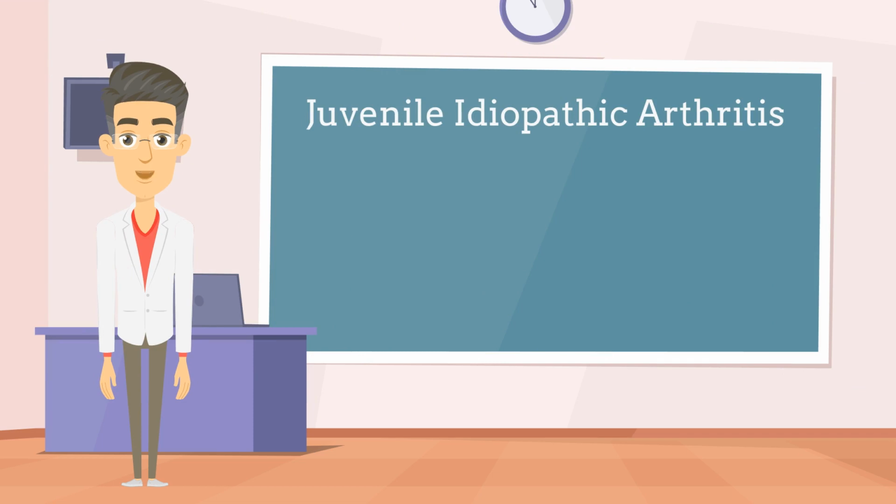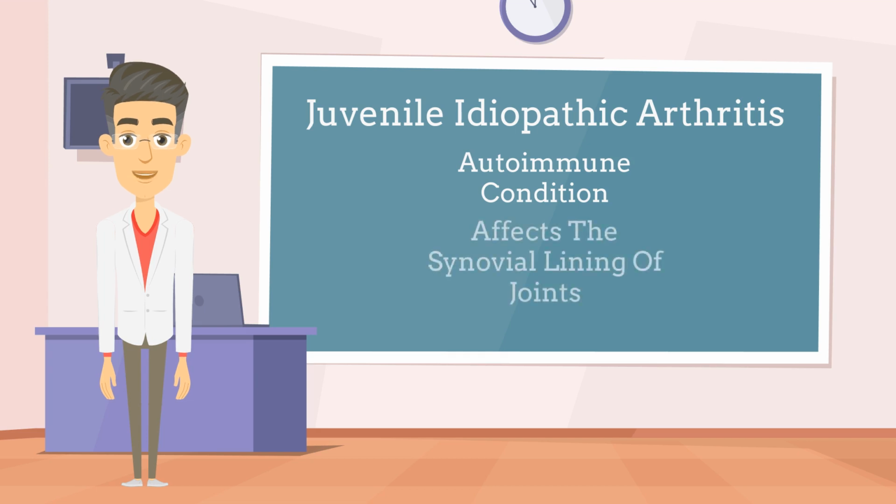Juvenile idiopathic arthritis is an autoimmune condition characterized by inflammation in the joints of children and adolescents. It is the most common type of arthritis in children under the age of 16 and is of unknown cause. Juvenile idiopathic arthritis affects the synovial lining of the joints, leading to pain, swelling, stiffness, and reduced mobility.